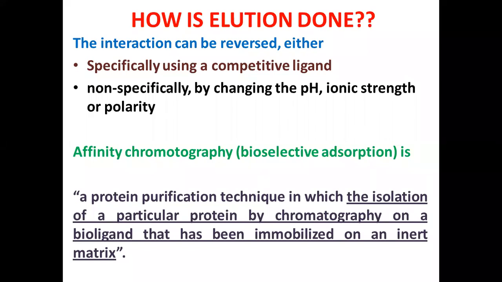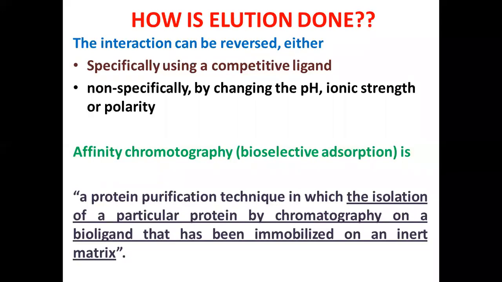Or in the other way, because this interaction is dependent upon the chemical or experimental conditions such as pH, ionic strength or polarity, we can change the pH or the ionic strength inside the chromatographic column, or we can change the polarity of the solvent we are passing. If we change the polarity, the ionic strength, or the pH non-specifically, why do we say non-specific?